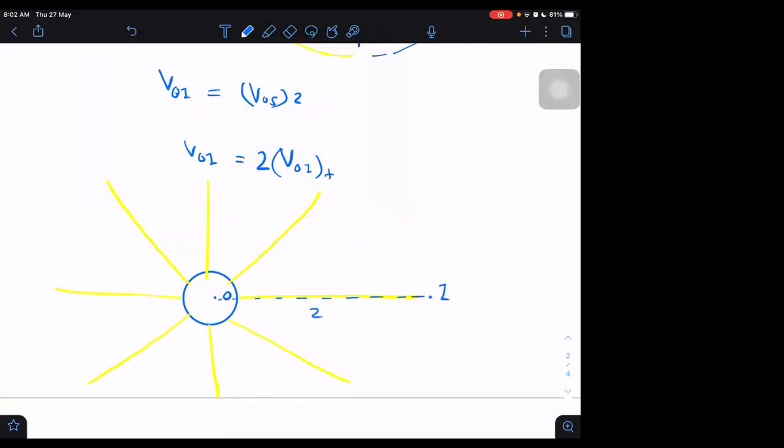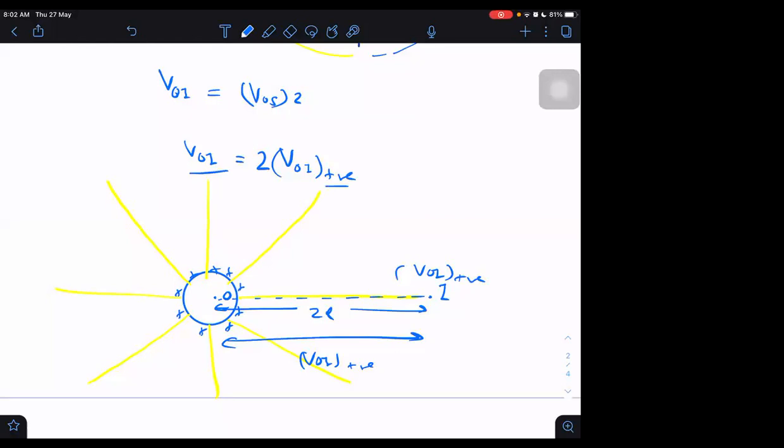Here I am at a distance, let us say, 2L away. This potential difference is nothing but V O to I due to only one sphere, which I am calling V O I positive, the potential difference due only to the positive's presence.